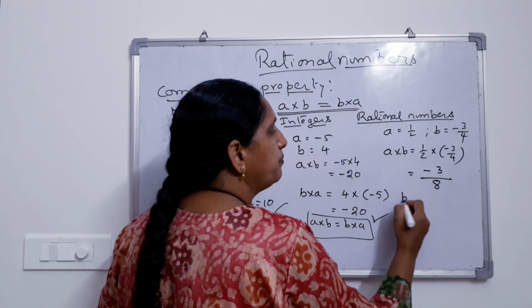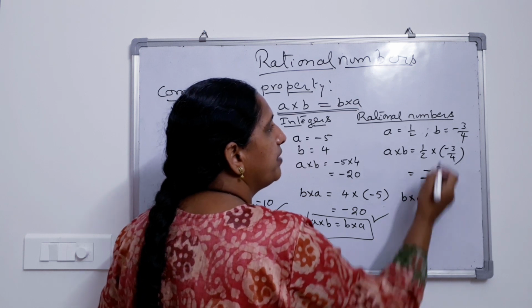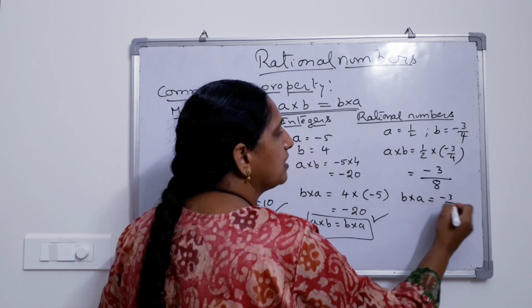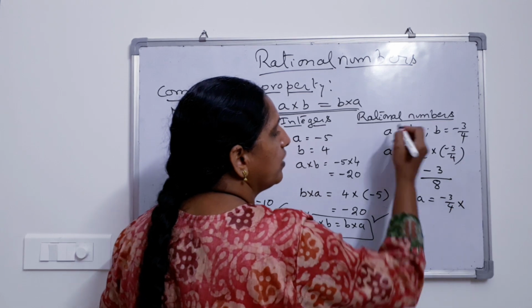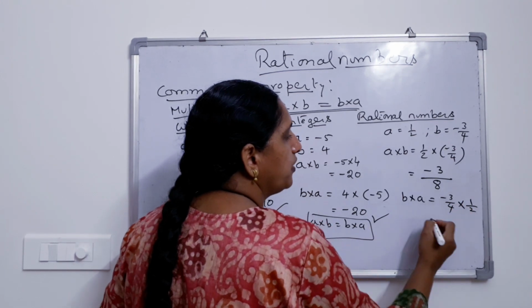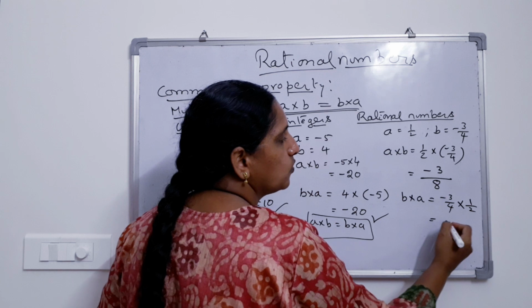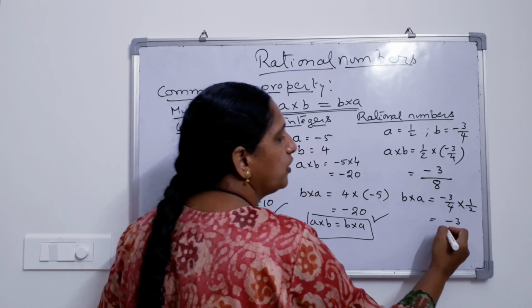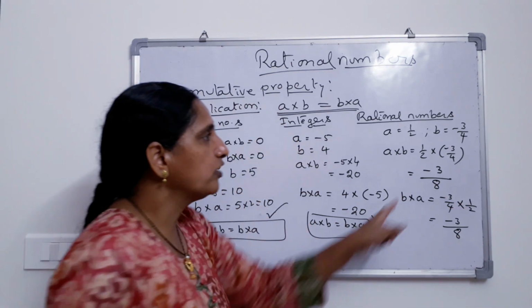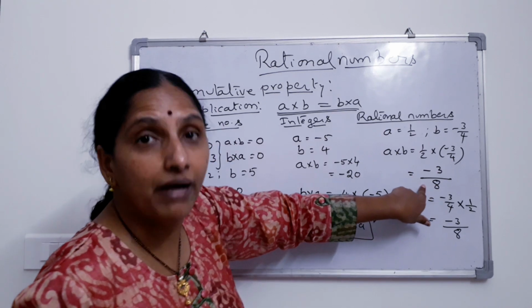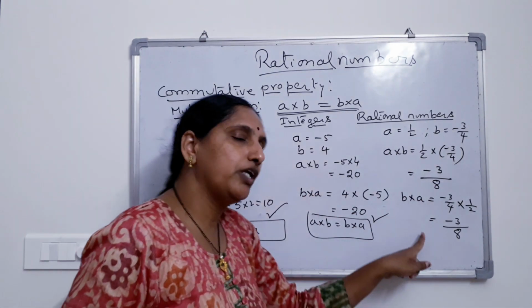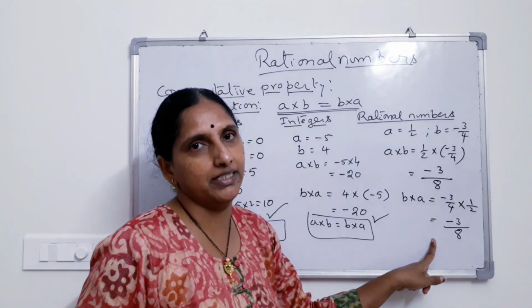Now let us do b into a. b is minus 3 by 4 into a, which is 1 by 2. So minus 3 into 1 is minus 3, 4 into 2 is 8. So a into b we got to be minus 3 by 8, and b into a we also got to be minus 3 by 8.